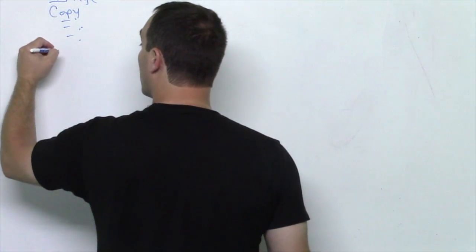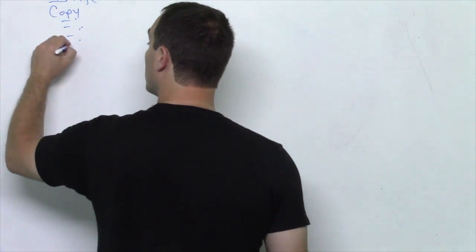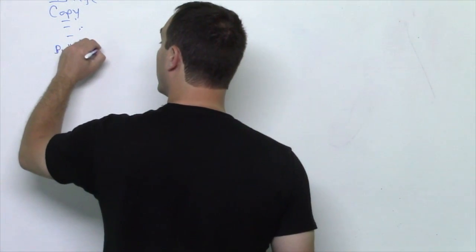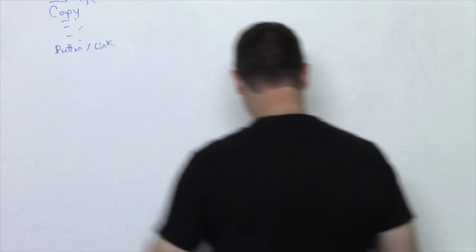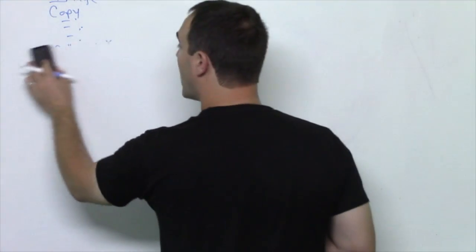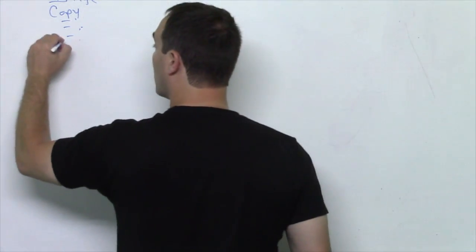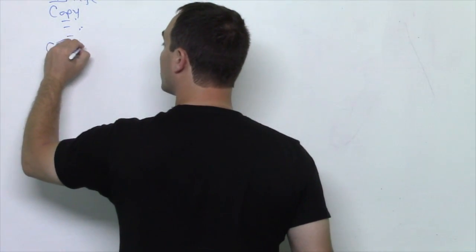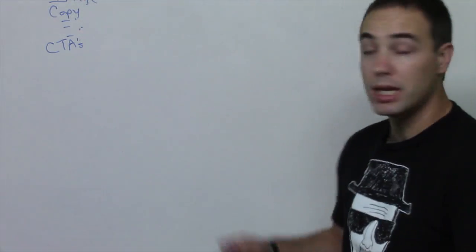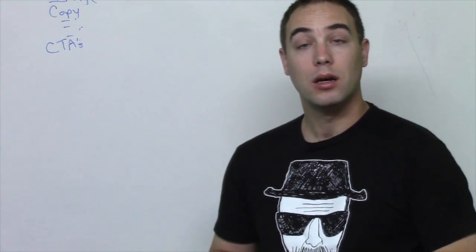We can test a button or link, and really I'm going to generalize this, guys. I'm going to combine these into something more general. We're going to call it a CTA, or call to action, right? So if you don't know what that is, that's your command.